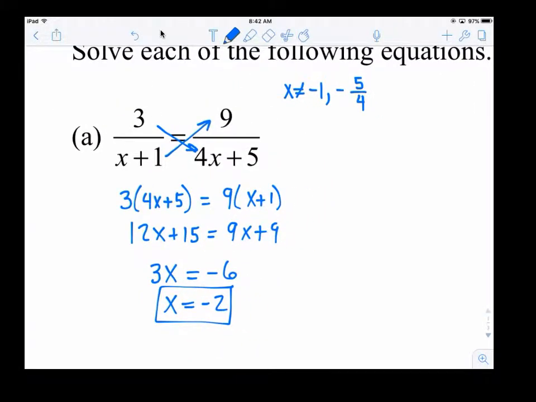Obviously that does not match either of these restrictions, so we're good to go. -2 is my answer. You subtract 9x over here, and then subtract 15 from 9.